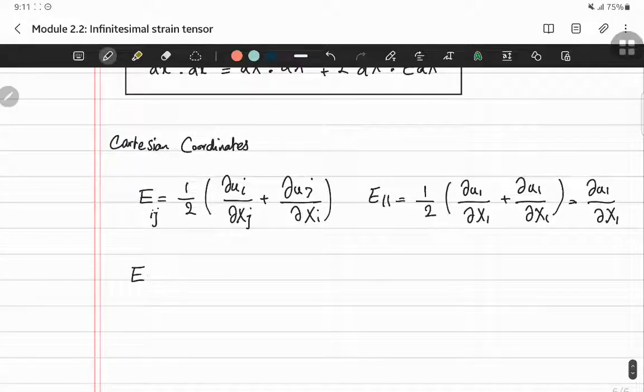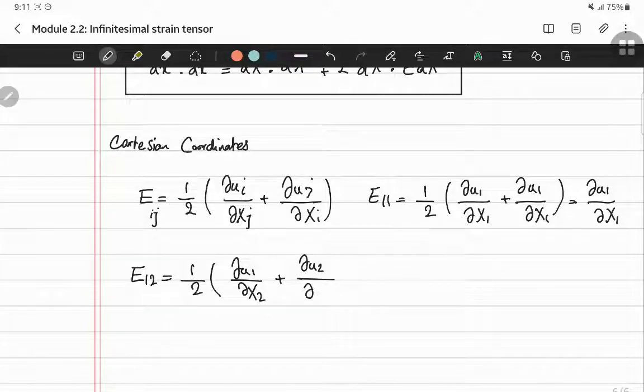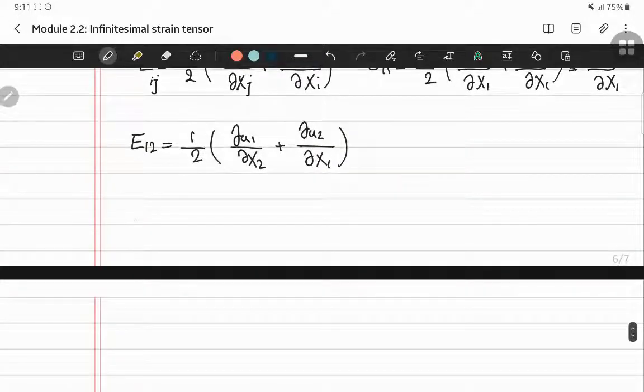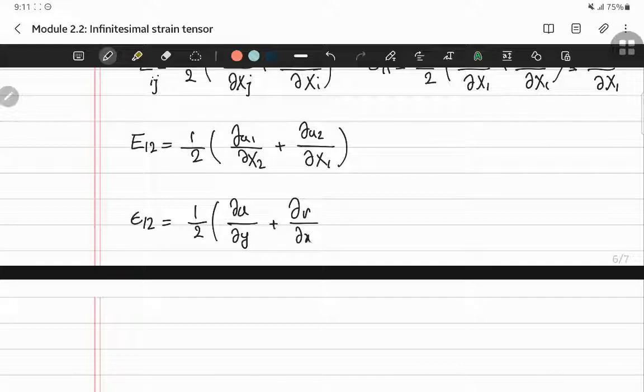Or for example, e12, it is half of partial derivative of u1 with respect to x2 plus partial derivative of u2 with respect to x1. And this is basically the same as epsilon 12, if you recall from your mechanics of materials, that it was half of partial derivative of u with respect to y plus partial derivative of v with respect to x.